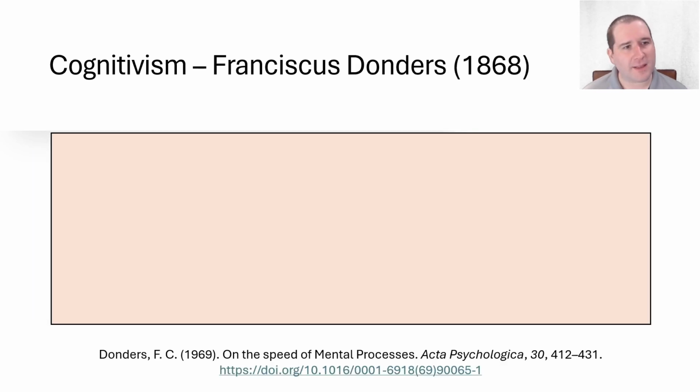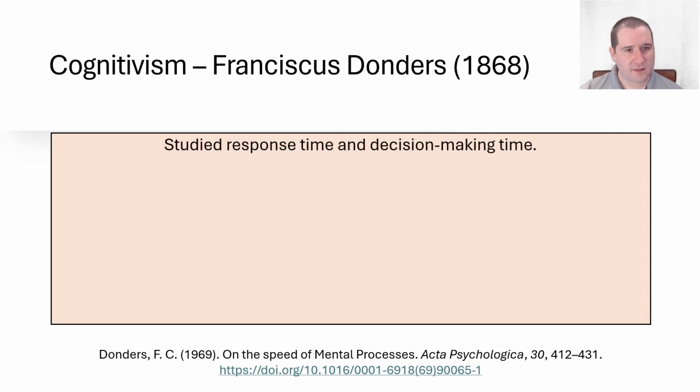Right, and believe it or not, this idea of cognitivism predates a lot of these behaviorist ideals because there were psychologists that were studying the brain and how it worked as early as 1868, where Franciscus Donders studied response time and decision-making time in his experiments.